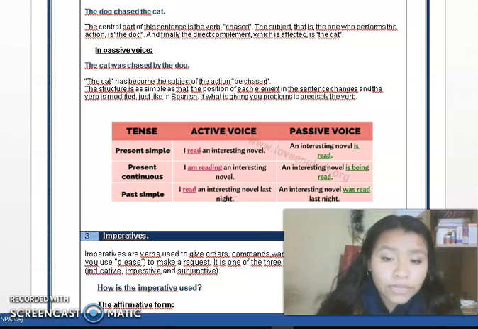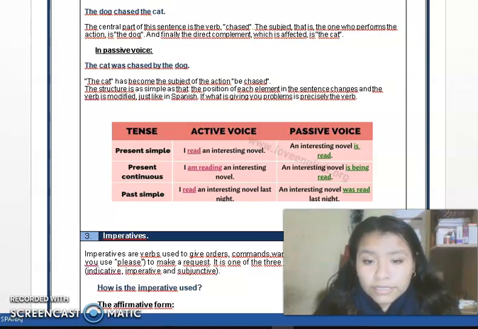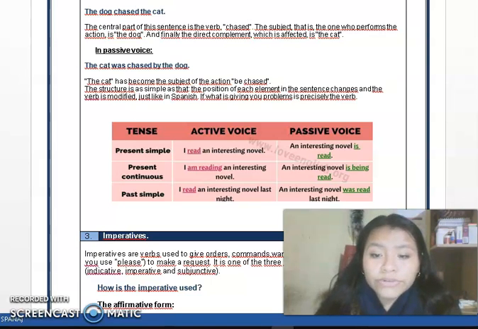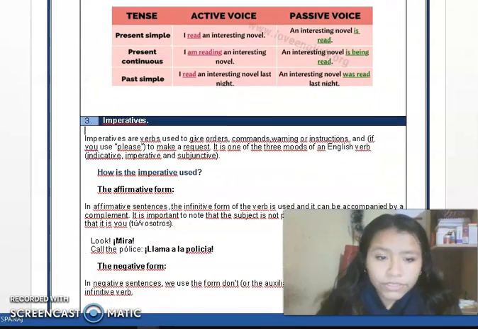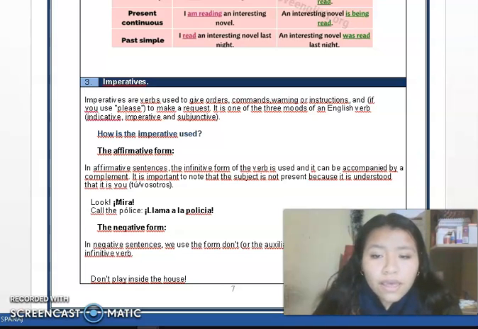Imperatives are verbs used to give orders, commands, warnings, or instructions, and if used with please, to make a request. It is one of the three modes of an English verb: indicative, imperative, and subjunctive. How is the imperative used?